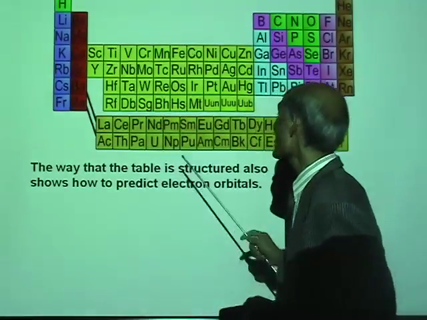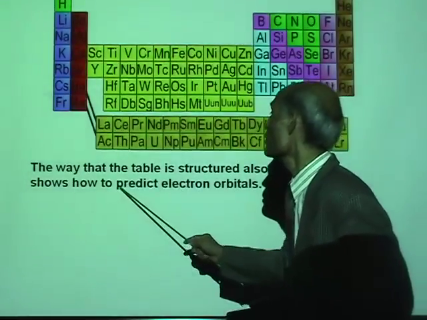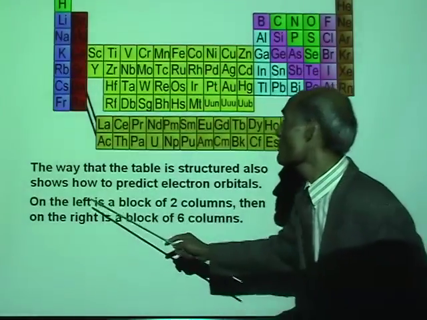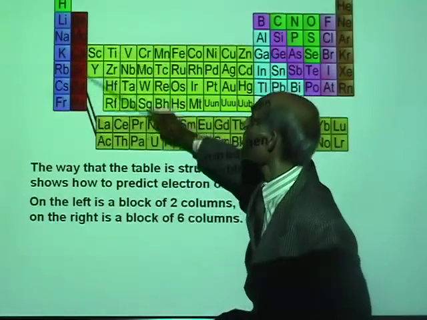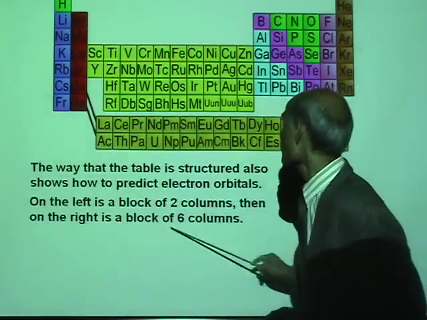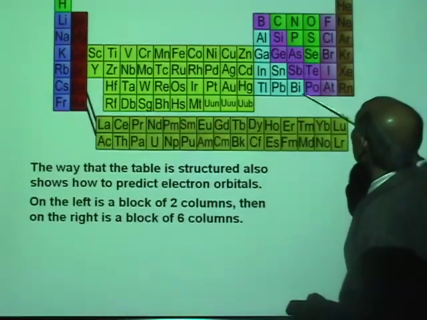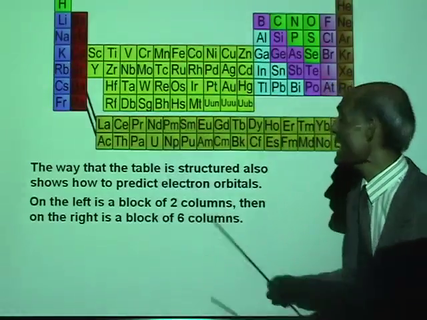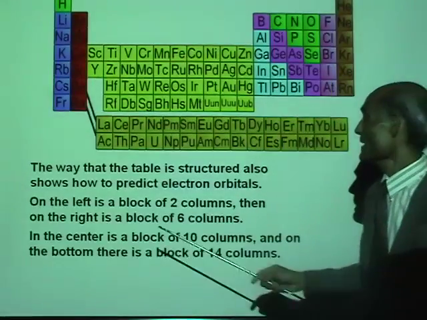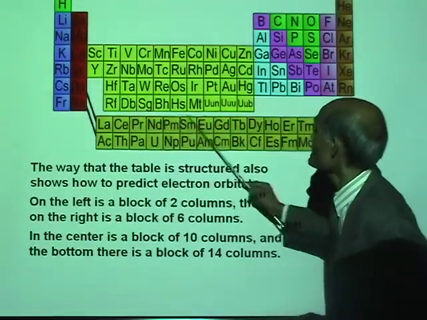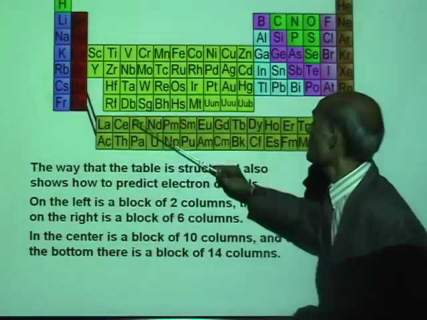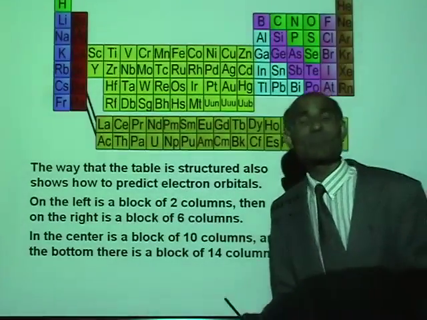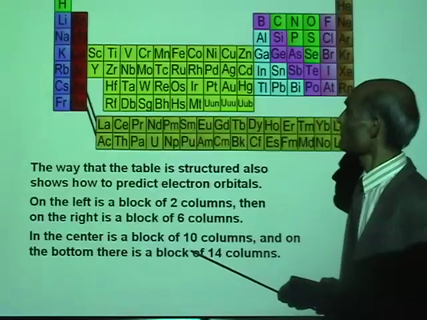The way that the table is structured also shows how to predict the electron orbitals. On the left is a block of 2 columns. Then on the right there is the block of 6 columns. You see, these 2 blocks put together is your A group. In the center is a block of 10 columns, and at the bottom we have a block of 14 columns. That makes up the entire periodic table.